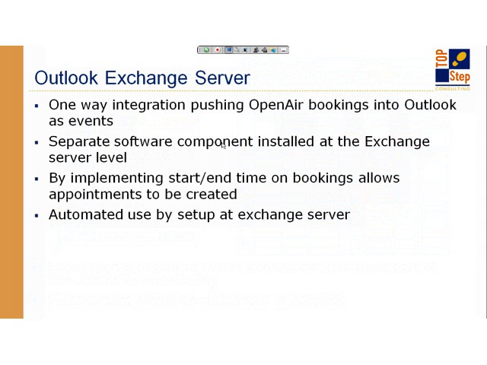That start and end time then can be passed to the Outlook Exchange module, and it will create appointments, not just events, but appointments. And people many times find that more helpful, but it does come with a trade-off, and that trade-off is setting the start and end time on bookings, for example, because now you have to set up that additional level of administration in order to get appointments onto calendars.